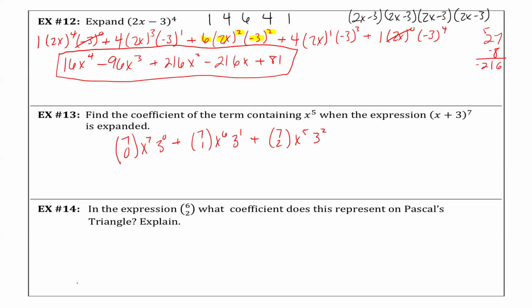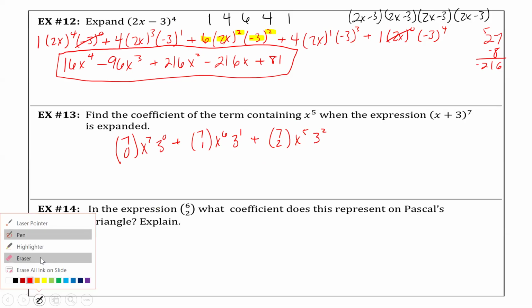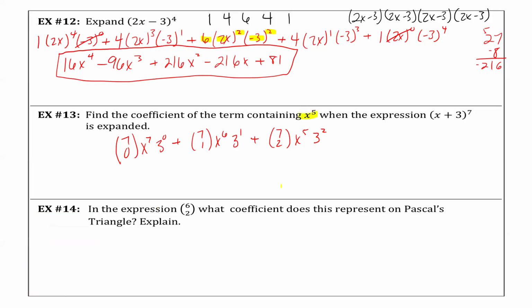And this is what they're asking. So I don't have to go any further because they just asked me for x to the 5th. And so I just have to evaluate here at x to the 5th. Make sense? The rest is irrelevant. I just have to stop here, because that's all it asked for was the value at x to the 5th.